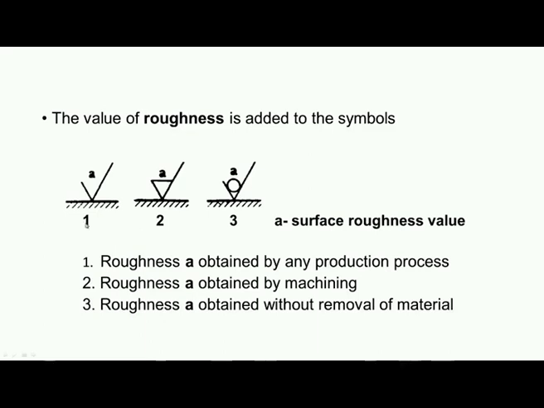Now here in symbol number 1, roughness a is obtained by some production process which is not mentioned, like maybe it is a cast surface or a forged surface or an extruded surface. In symbol 2 a bar is added, it indicates that some machining operation has been done, and symbol 3 has a circle, it indicates that the surface is obtained without the removal of material.